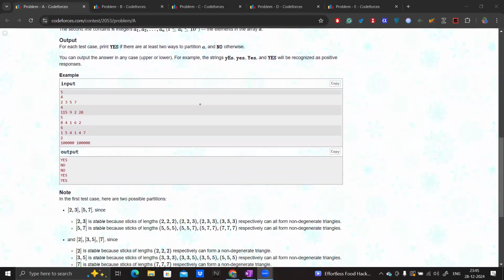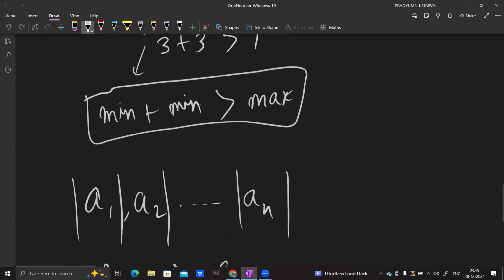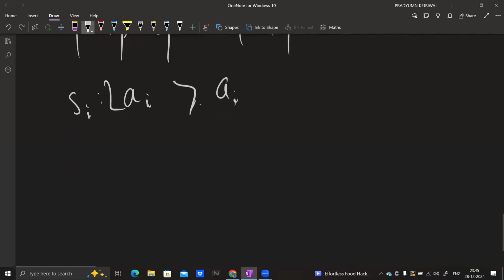Right? Now guys, do you agree that the smaller the set is, the more its probability to be stable? If a set is bigger, then definitely it has more chances that it is not stable.